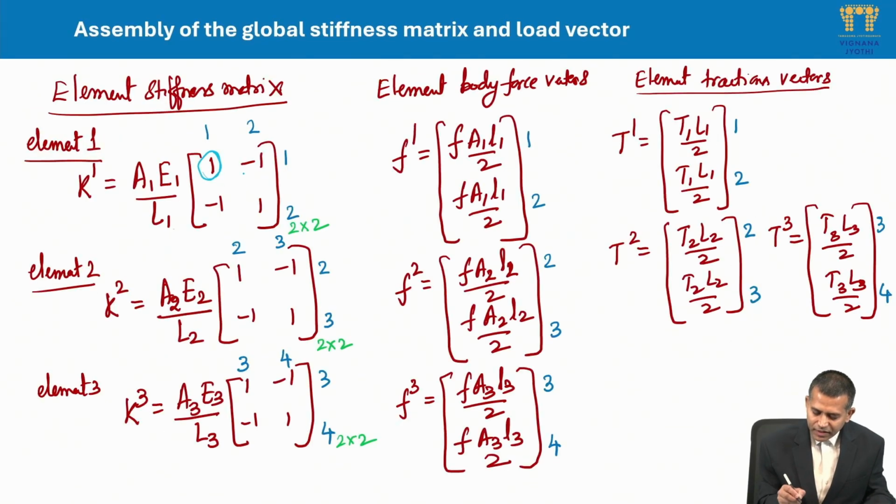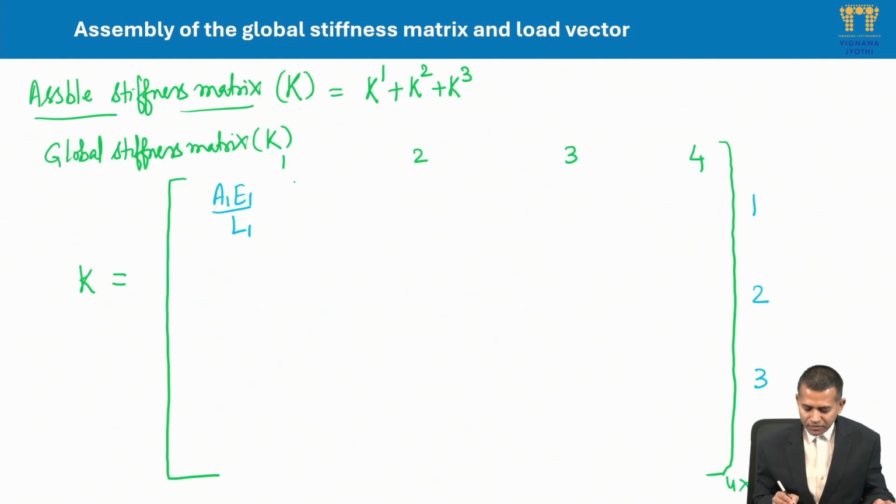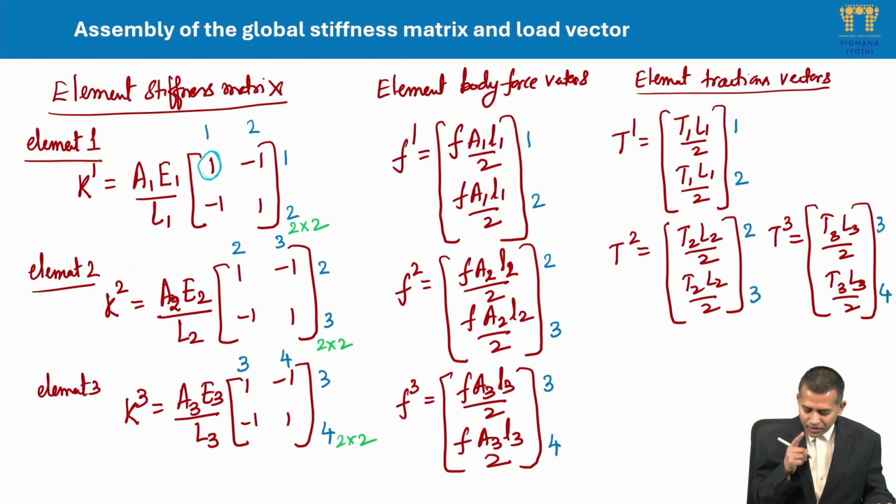Similarly, here, if you see, 2 and 1. So minus A1 E1 by L1. If I write this expression, that is 2 and 1, meaning second column and first row, I will have that value as minus A1 E1 by L1. Similarly, first column, second row, minus A1 E1 by L1, right?